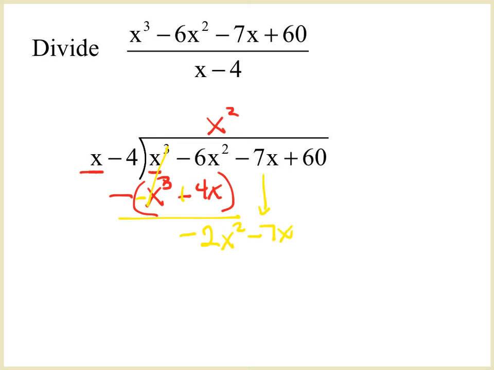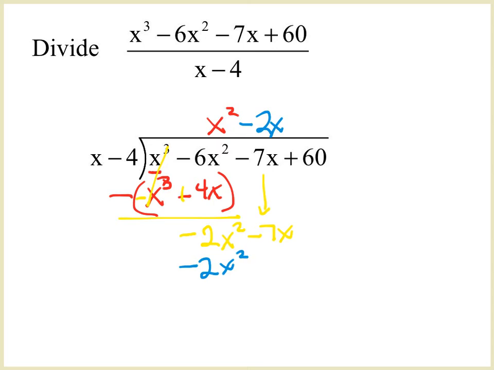Okay, so now I have to say to myself all over again, what do I have to multiply x by to get that first term, negative 2x squared? I'm going to multiply it by negative 2x. X times negative 2x gives me negative 2x squared.